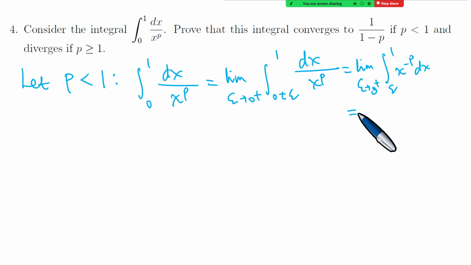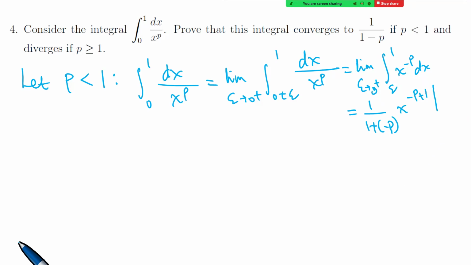You add 1 to the power, which is 1 over 1 minus p, x to the power minus p plus 1.